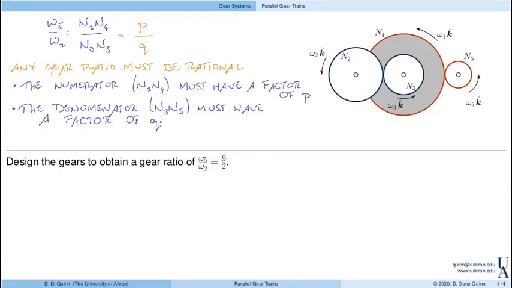And the remaining factors of the numerator and the denominator must cancel out. Because after all, I can't have a fractional number of teeth.